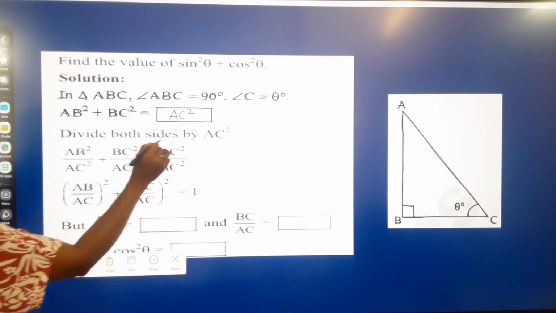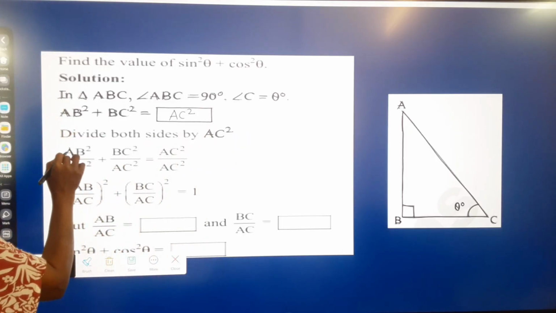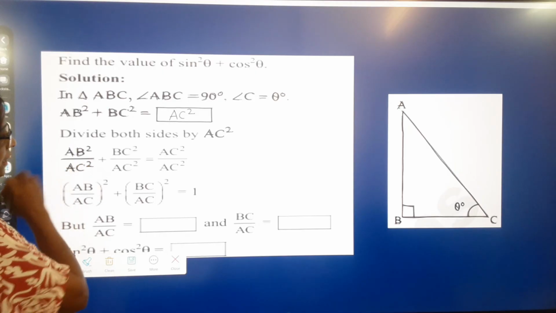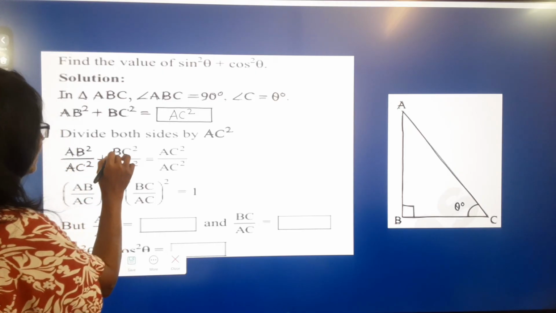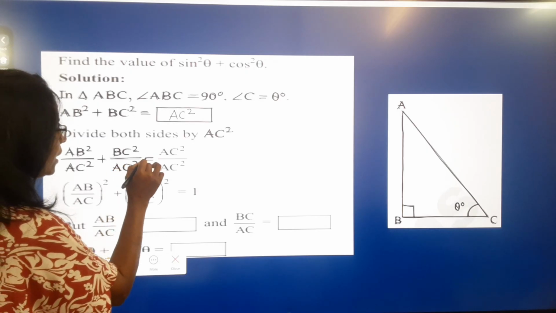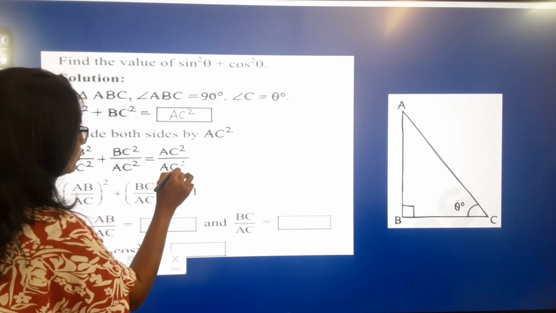Okay, so now divide both the sides by AC square. Then we get AB square upon AC square plus BC square upon AC square is equal to AC square upon AC square.